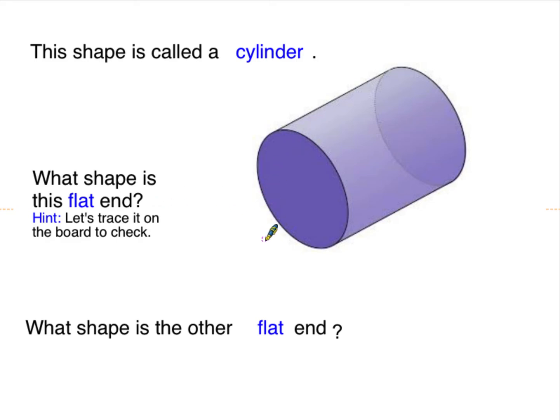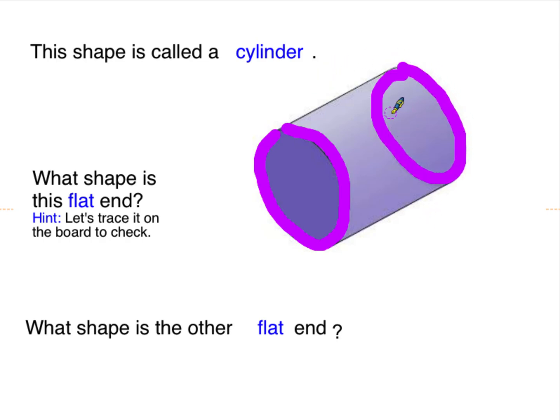Well, if we were at school, I would get you to take out your cylinder, because this is a cylinder, and you put it flat and you would trace it and you would find out that this side and the other side are circles. So a cylinder will roll because it's round, but not on these sides because these two sides are flat. It has two circle sides. Flat end.